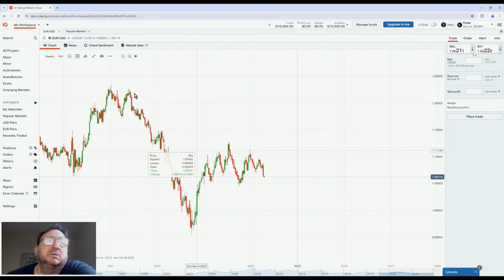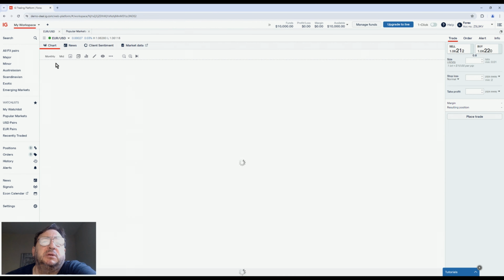But this chart is on weekly. I know some pro traders say they look at the daily chart. Daily chart is for stock trading. I actually, when I look at money, look at weekly or even monthly to understand the picture.